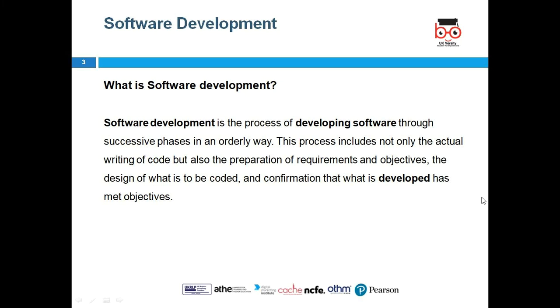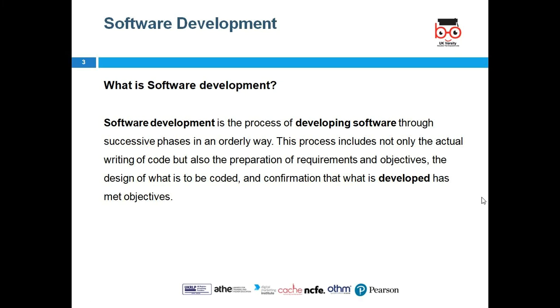Software development is a systematic, orderly way of developing software, also called software engineering. Obviously you need requirements and objectives.